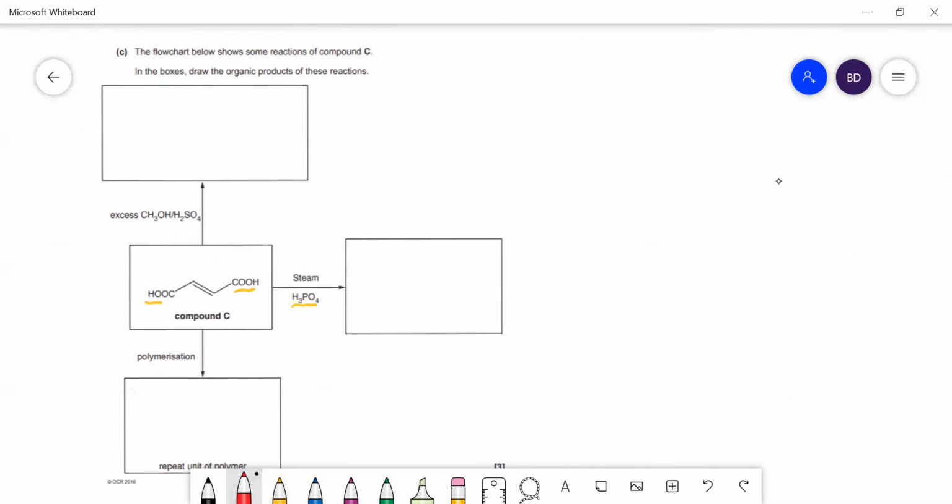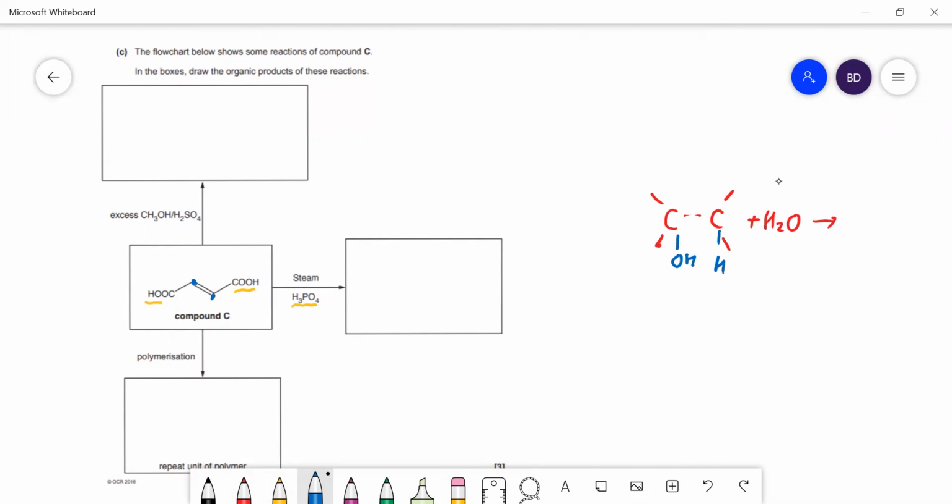If you remember what happens when you react an alkene with steam, and the phosphoric acid is a catalyst, you end up sticking an OH onto one carbon and an H onto the other one, so you turn it into an alcohol. Now, these two carbons are the same because this molecule is symmetrical, so it doesn't matter which one the OH goes to, you're just going to get one product.